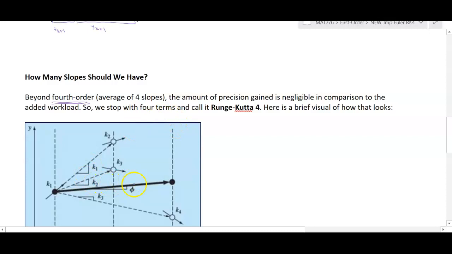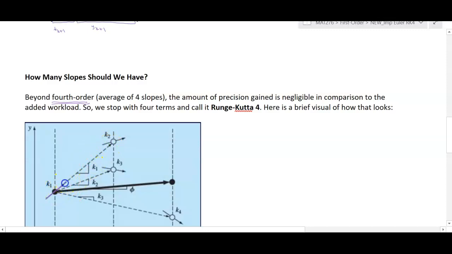So I just want you to think, when you look at this, okay, wow, this looks complicated. But here's what's going on. K1 is always basically just your Euler's method slope. Even in this method, RK4, which is often just spoken as RK4, we still get K2 in the same way that we got K2 in improved Euler's method, right?